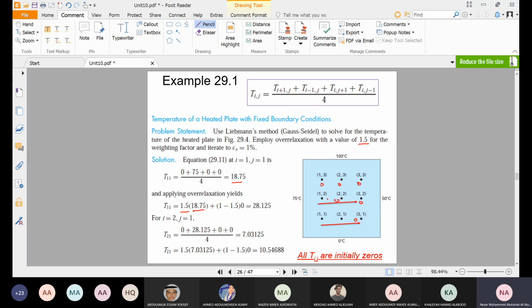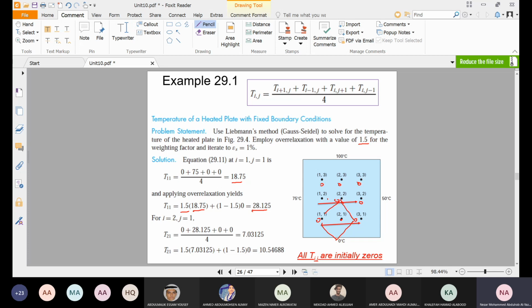The old value is 0, because we assume the old one is 0. So in this case, the relaxed value of T11 is 28.125. After that, we can go to the second node, T12. We take this one: this is 0, this 0, this 0, and this one we already computed, 28.125.